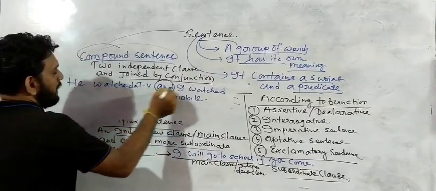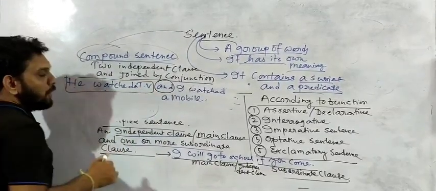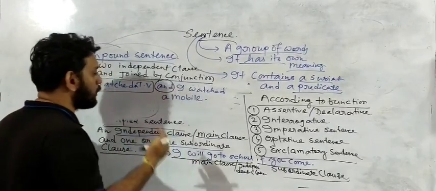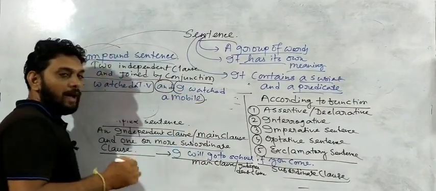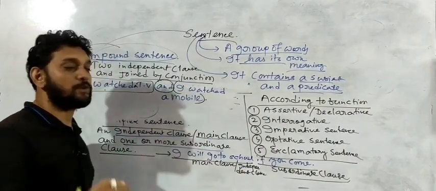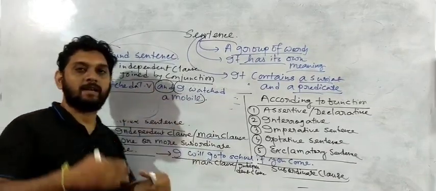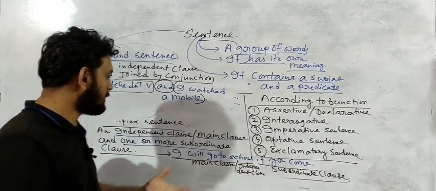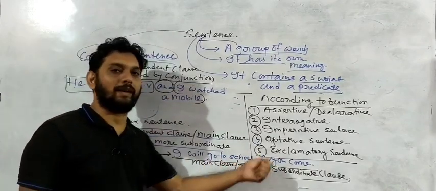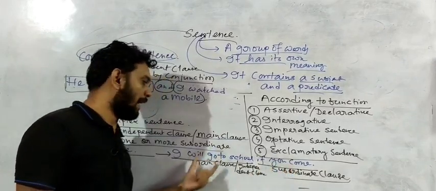He watched a TV and I watched a mobile. You see, he watched a TV completely expresses its meaning. I watched a mobile also expresses its own meaning. Both these sentences don't depend on each other. In the previous sentence I wrote, I will go to school if you come, that clause depends on the other clause.